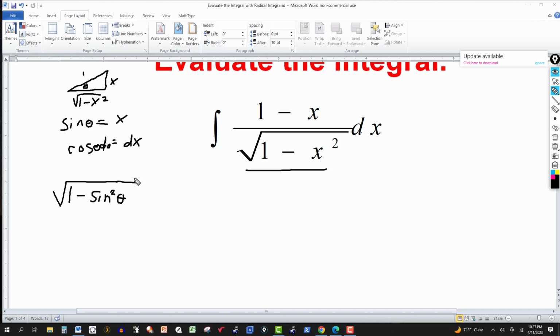We know that cosine squared theta plus sine squared theta equals 1. So using that identity, we know that 1 minus sine squared theta can be replaced by cosine squared. Square root of cosine squared is cosine theta. So we got this.